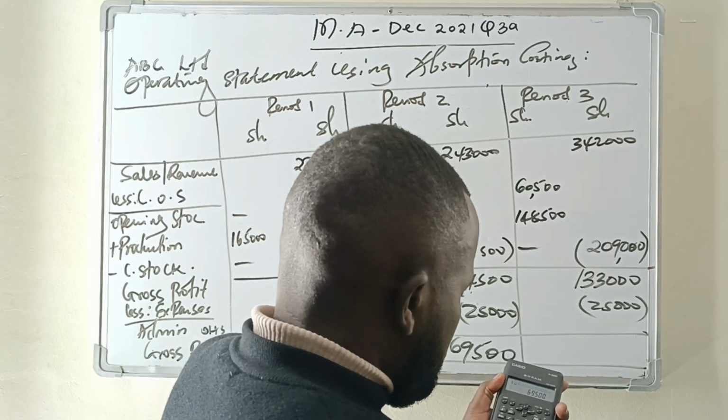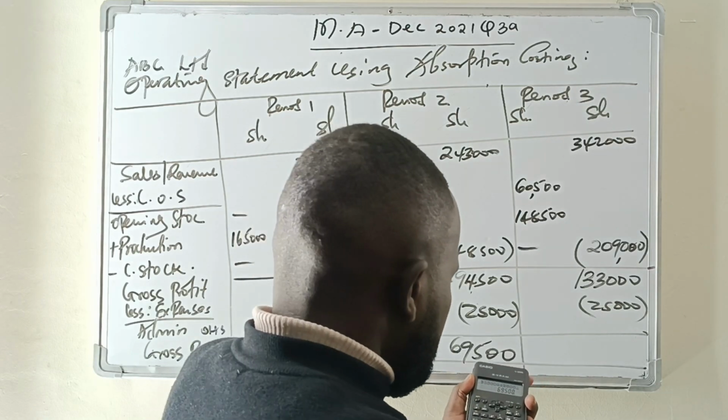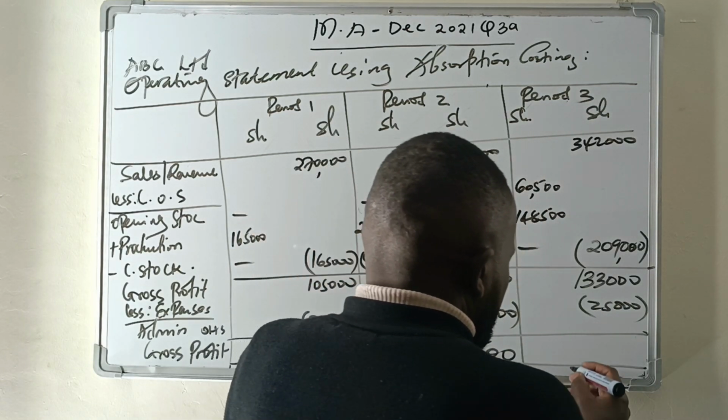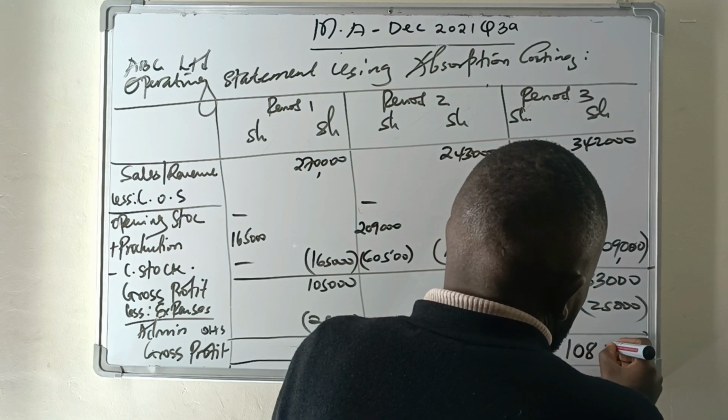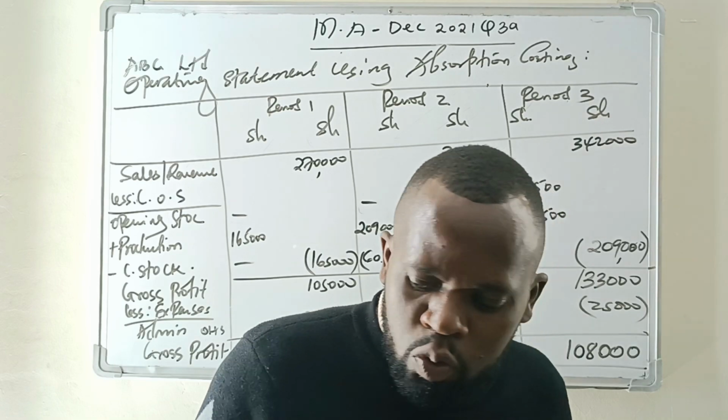The last one is 133,000 less 25,000, so the answer is 108,000. So that is what was expected of you in the question.